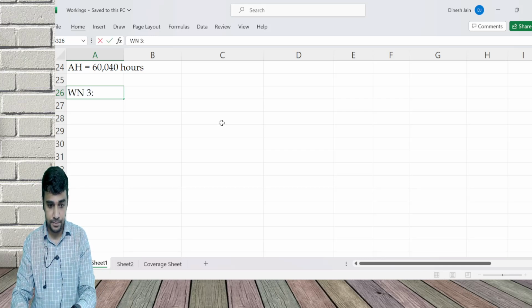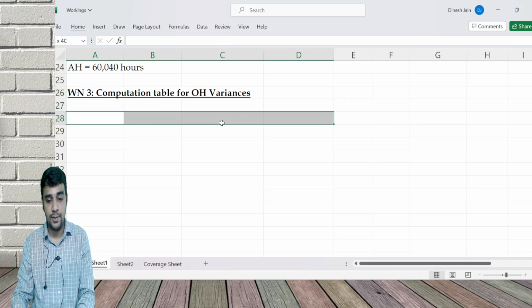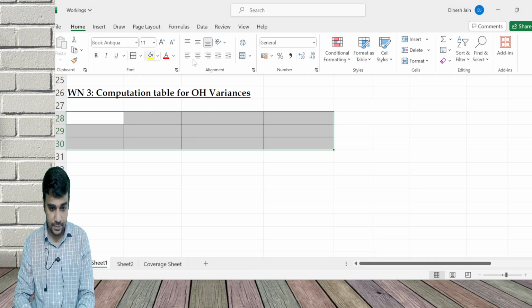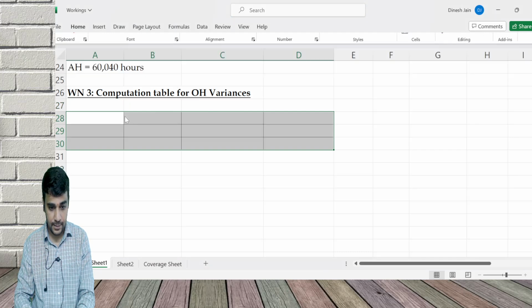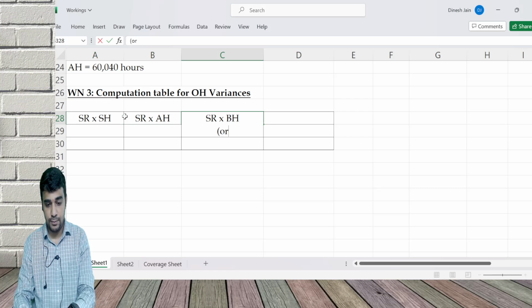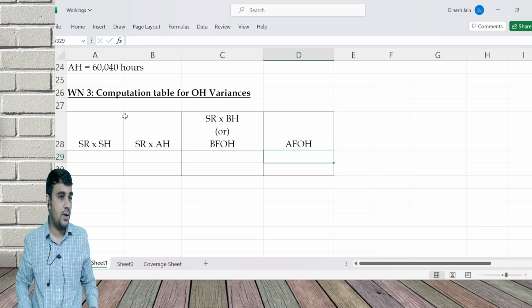Working note 3, computation table for OH variances. SR into SH, SR into AH, SR into BH or technically BFOH. I'm not using the conversion factor and all.